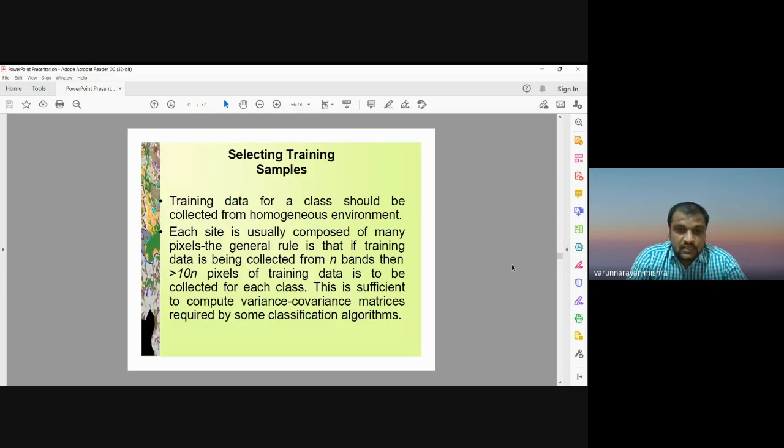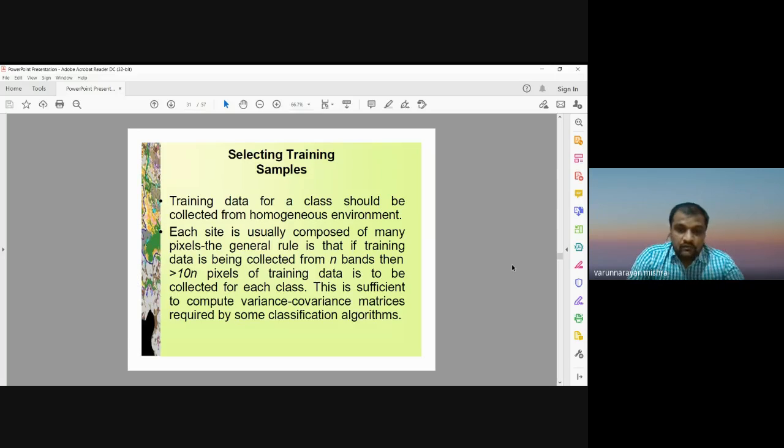This is sufficient to compute the variance-covariance matrices that are required by some classification algorithms. Suppose you have a 2-band data set, you have to collect at least 10 into 2, 20 pixels of the training set for each class.